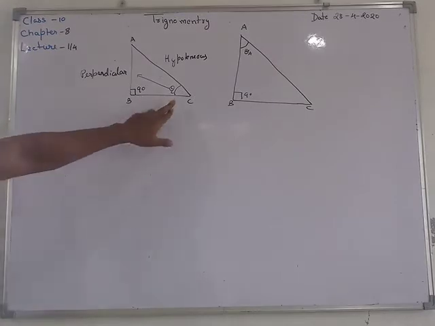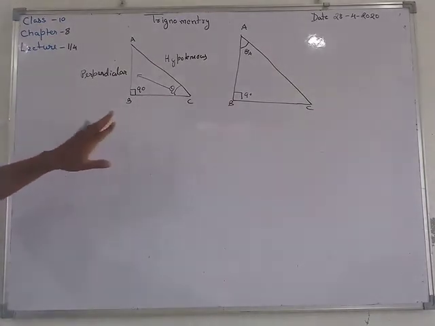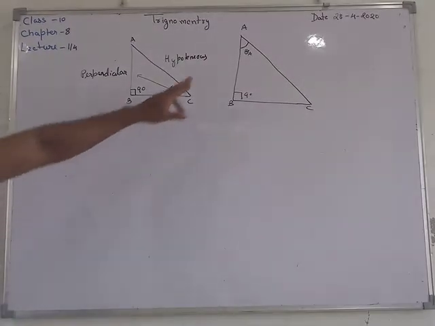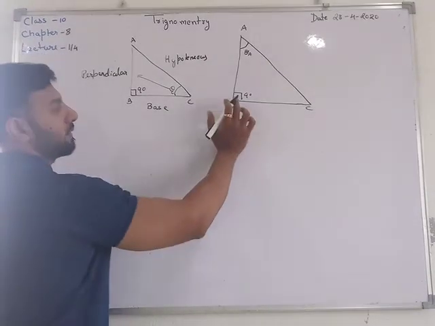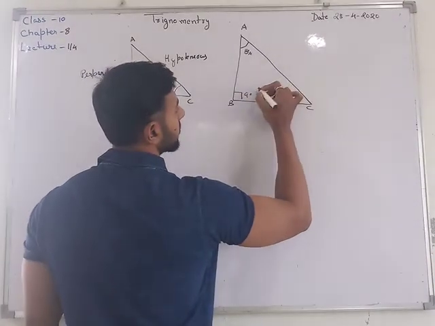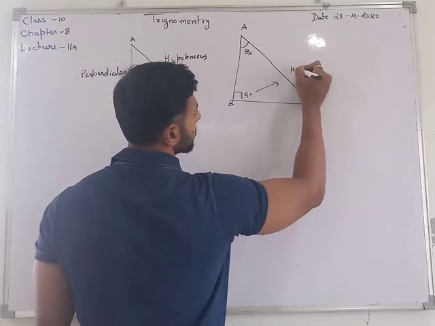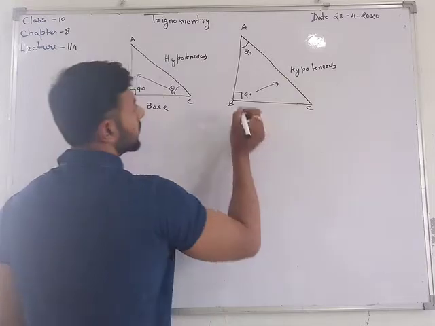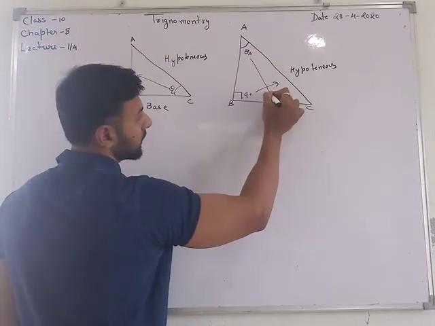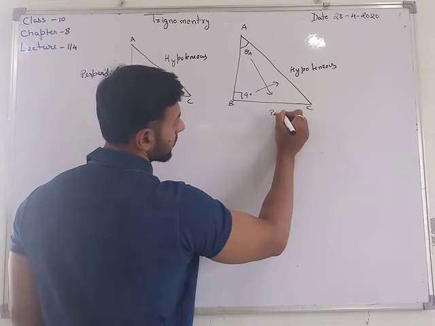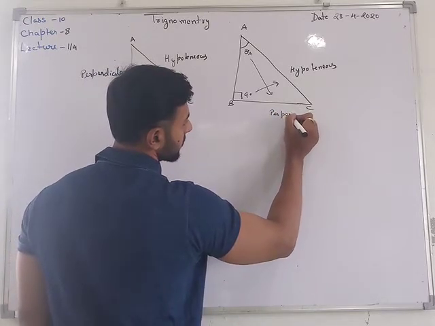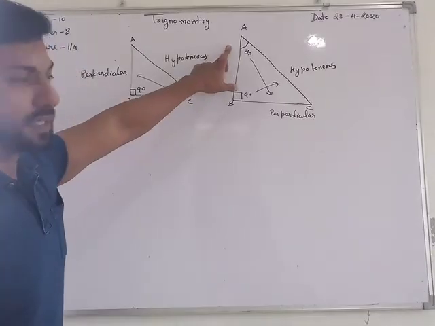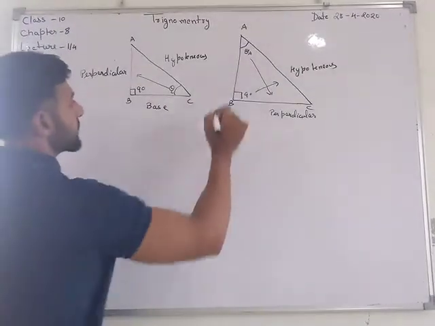And the side which is containing the theta is called base. Similarly, for this triangle, the side opposite to 90 degree is hypotenuse, the side opposite to theta is perpendicular, and the side which is including the theta is called base.